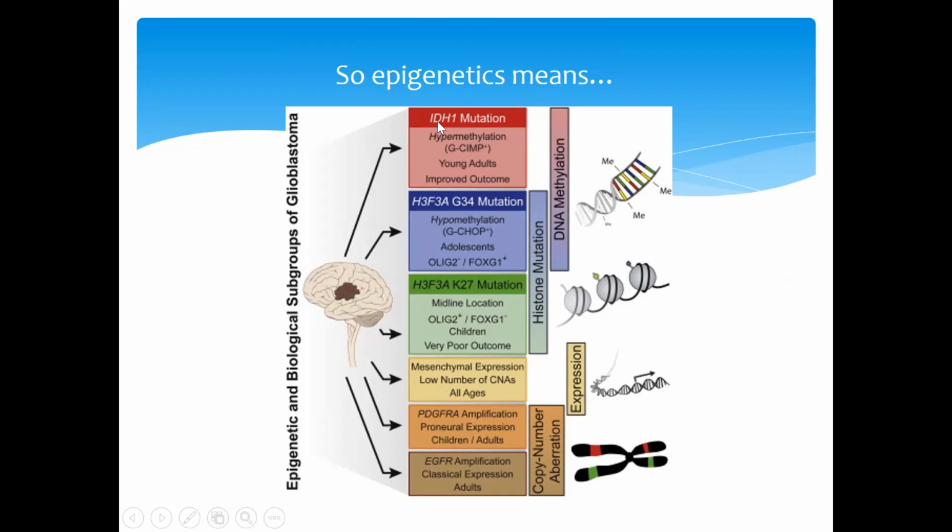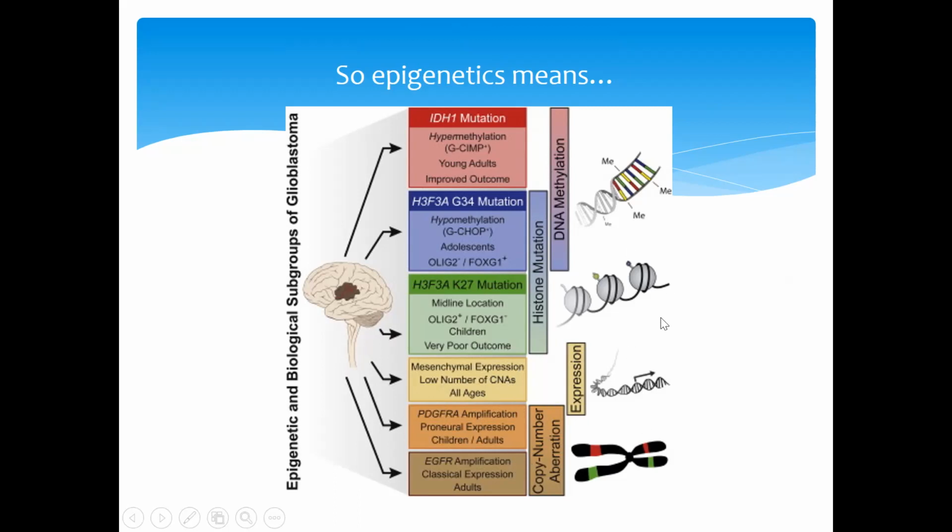This one is a hypermethylation that occurs in young adults. It occurs here. In adolescence, it occurs here. And this one's a hypo. In children, it occurs here with this mutation at this genetic reference. The mesenchymal expression can happen anywhere. And the PDGFRA amplification occurs at all levels.